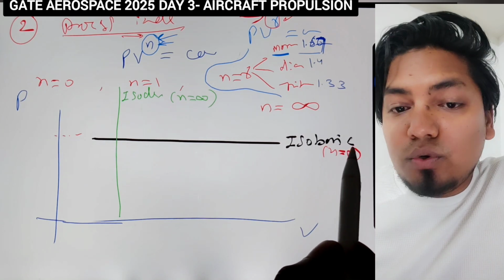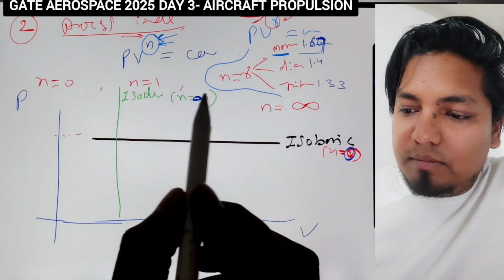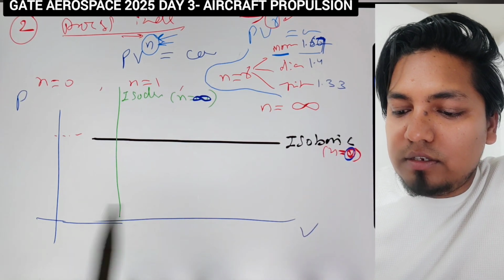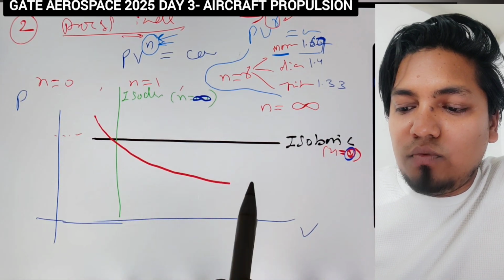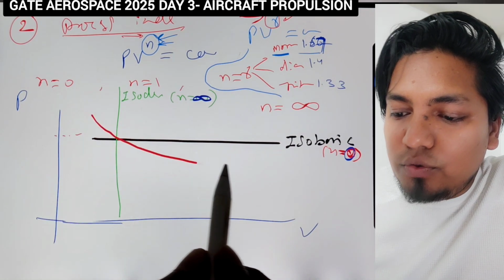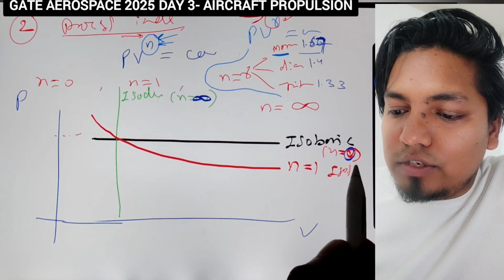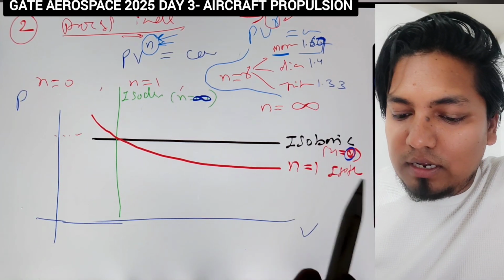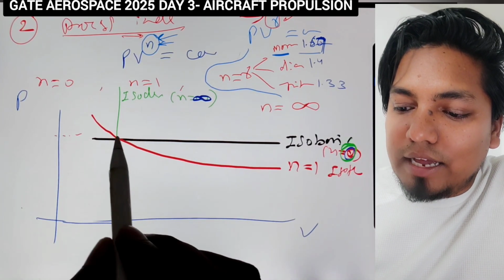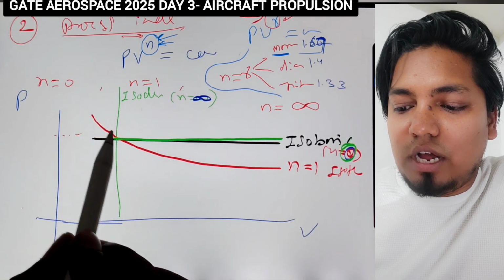Now, if you draw this curve, you can say n is equal to 1. So this is the isothermal line. For n is equal to 0, the line is like this. For n is equal to 1, the line is like this. If I increase the n value, the line will go like this. So this is the n is equal to gamma line.